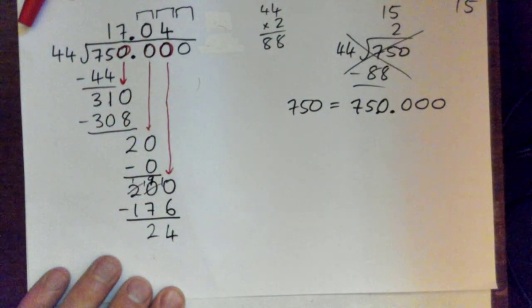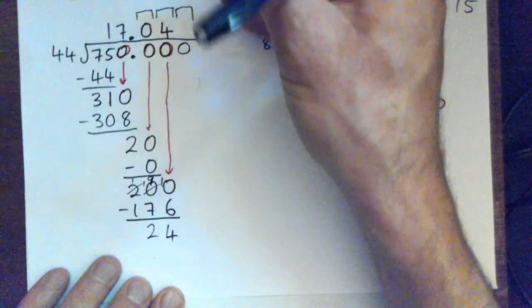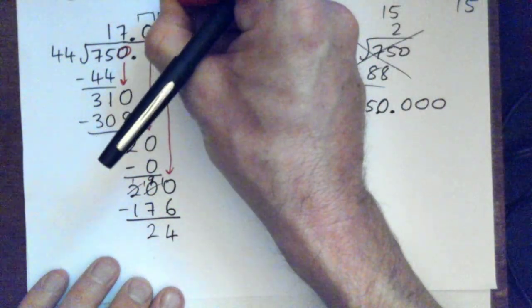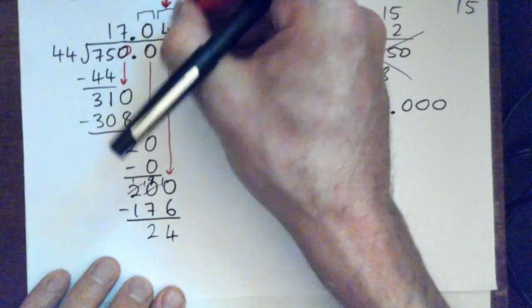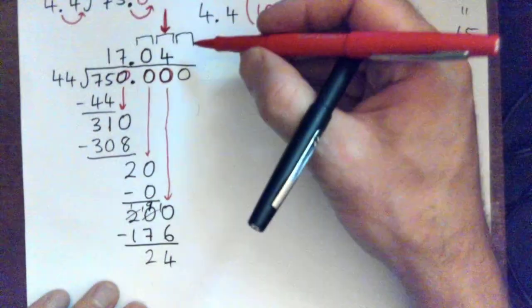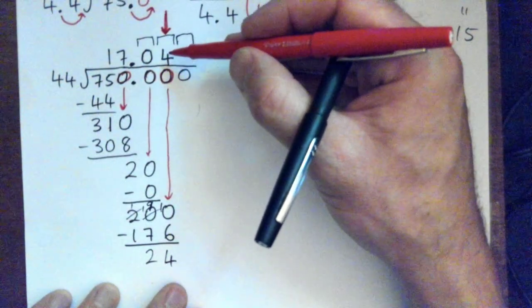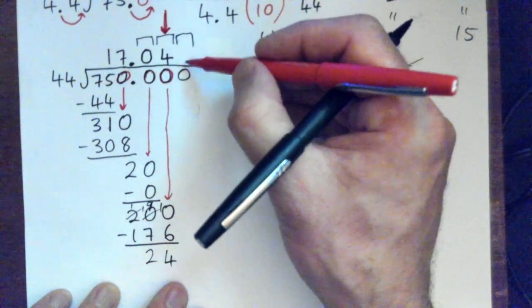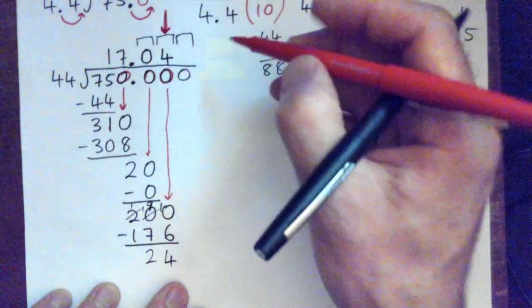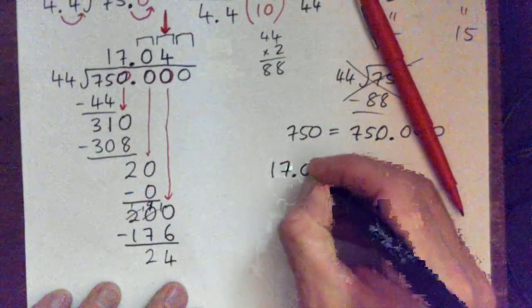That's good. And even though it says round to the nearest hundredth, which is this decimal place, right? We actually should figure out what the thousandth is, because if the thousandth is a 5 or more, we'd have to round up, and it would be 17.05.